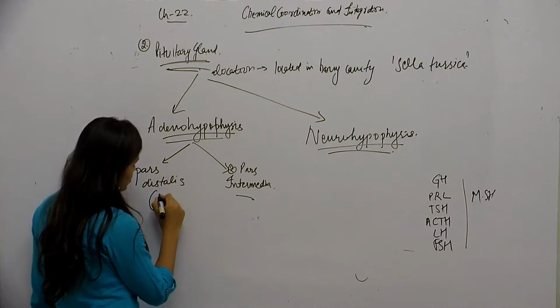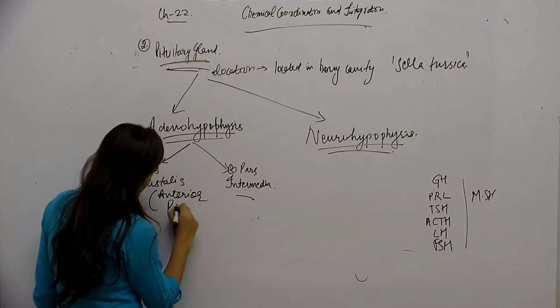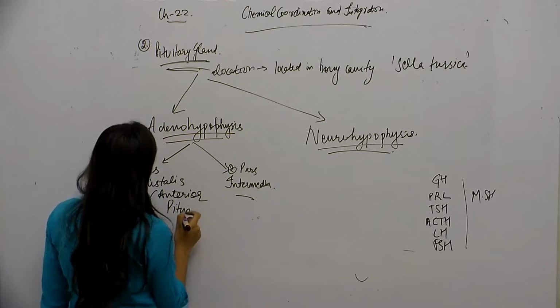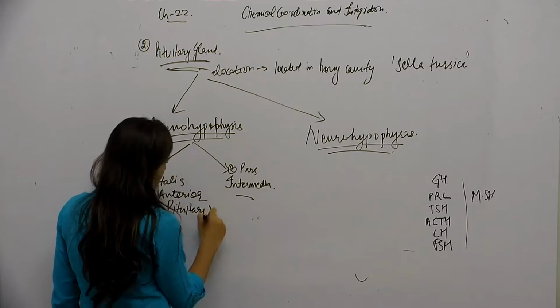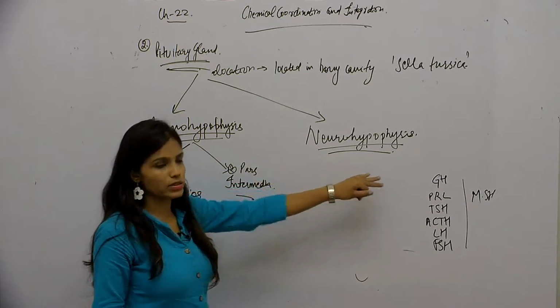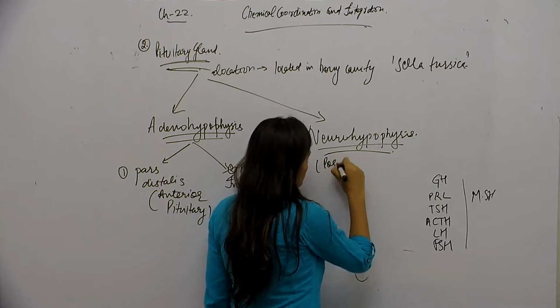Pars distalis is also known as the anterior pituitary. And the neurohypophysis is known as the posterior pituitary.